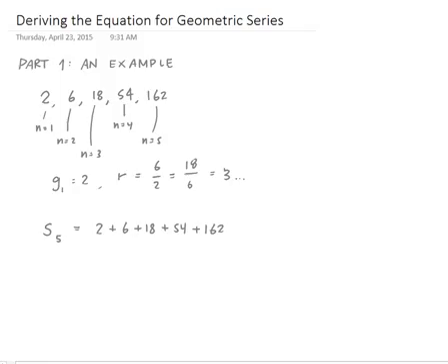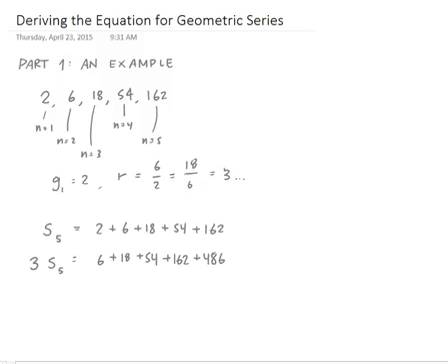Now I could take this into a calculator and add these all up, but we're going to see if we can't do this in a little bit more elegant fashion. I'm going to multiply the entire thing by 3. That's the common ratio. And I get 3S5, which equals 6 plus 18 plus 54 plus 162 plus 486.